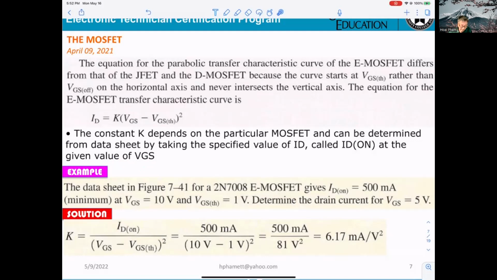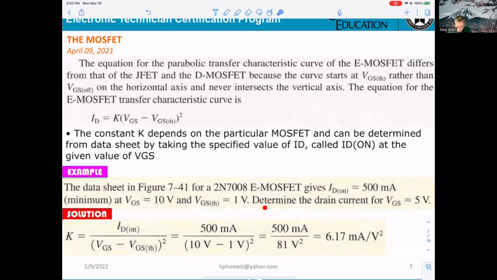Example: the data sheet for this MOSFET gives ID(on) of 500 milliamp at VGS equal 10 volt and VGS(th) equal 1 volt.